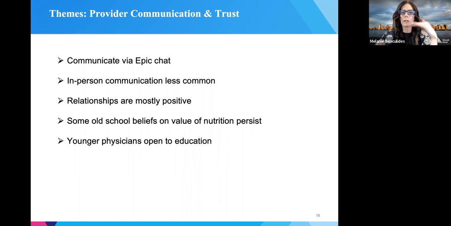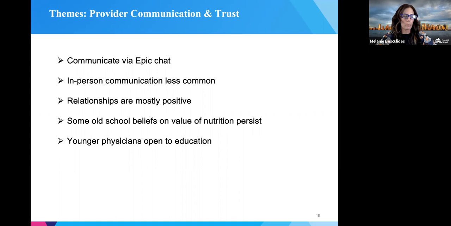And so RDs have to communicate what their diagnosis is, malnourished or not, with the physicians. And so most of that is happening via this secure Epic chat. So that was something that we learned. In-person communication is happening, but much less commonly, and usually for patients that they're very, very worried about. They might sort of hunt down a physician and say, hey, I need you to look at this person.